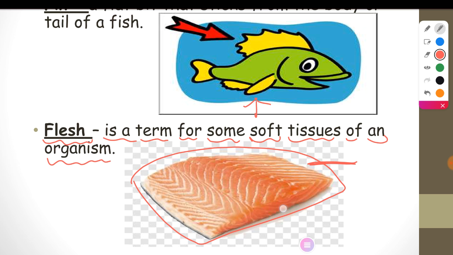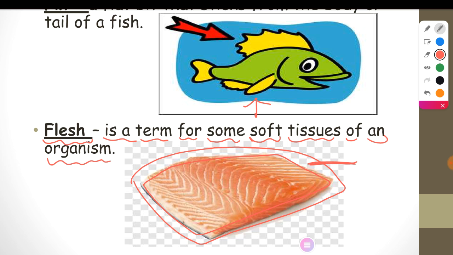This is the flesh of the fish. Once the fish is opened, you are going to find the flesh of the fish. And also there is the flesh for an animal like the cow, an ox or buffalo.